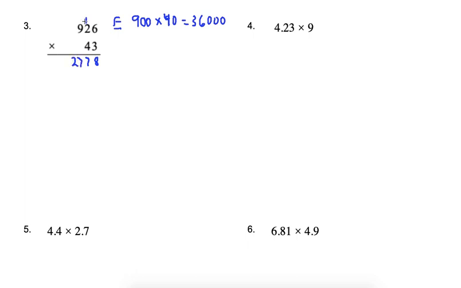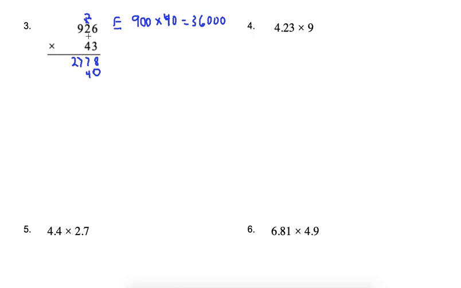Go ahead and cross off that 1. Remember I used it. Okay, so now we got to place a 0 here because we're multiplying by 40, not by 4. 4 times 6 is 24, so we put the 4 down here. Carry our 2. And some of you might do this a little bit different, might carry the 2 different places. However you do it, just make sure you know how to do these.